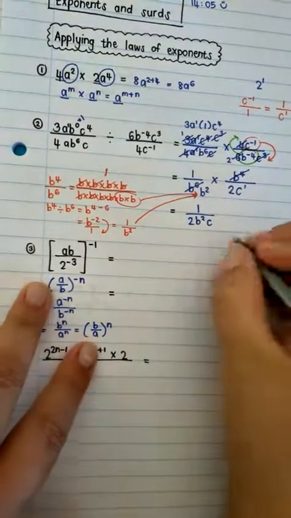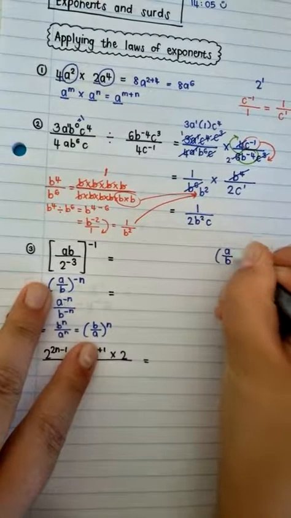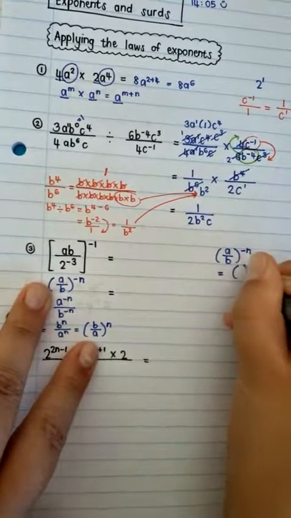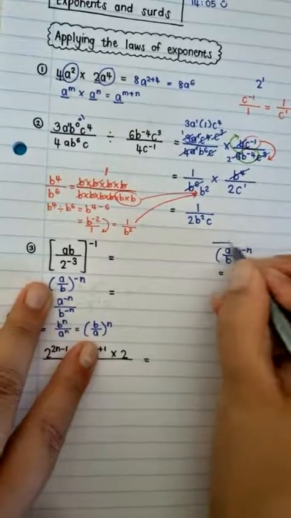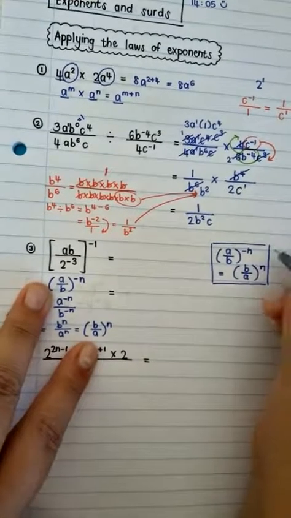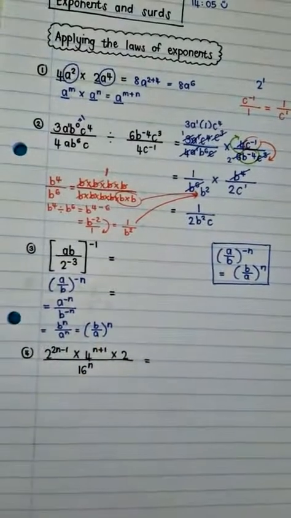Please write this down. If you have a over b to the power of negative n, you can change that to b over a to the power of positive n. Okay, that is a law of exponents that some teachers don't write down as a separate thing. So please make sure that you write that down.